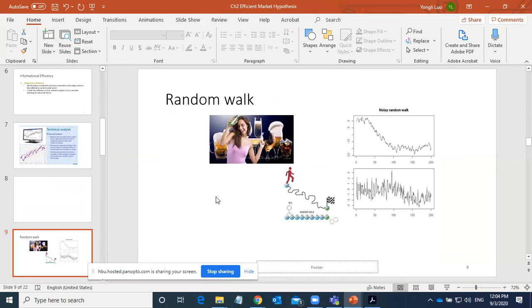That's what empirically a lot of people say. If you use the historical price, the price of yesterday and the week before, to predict what's going on tomorrow, can you make money?